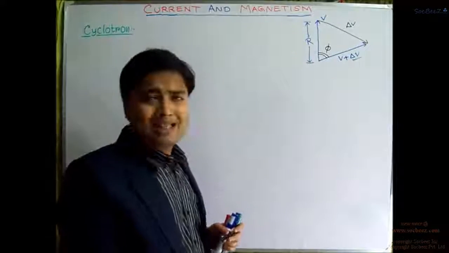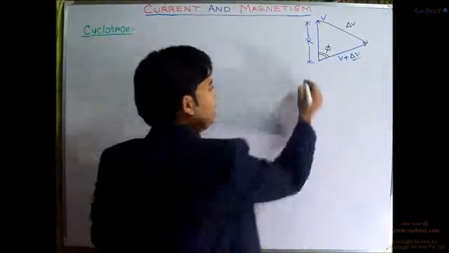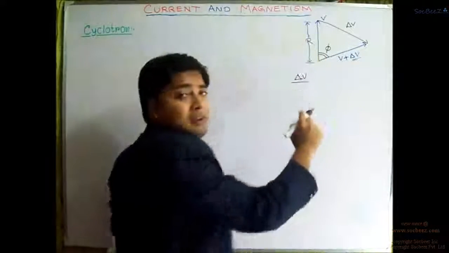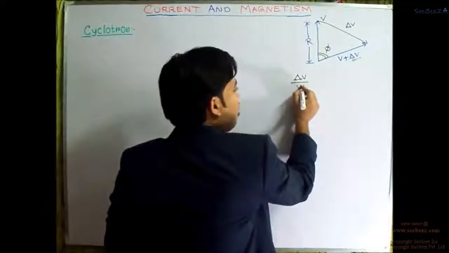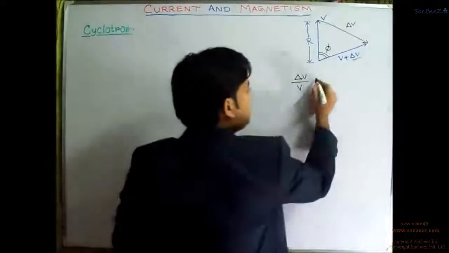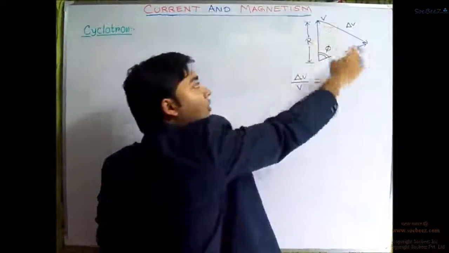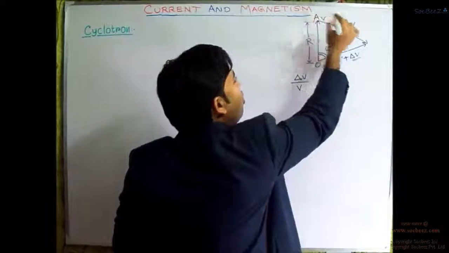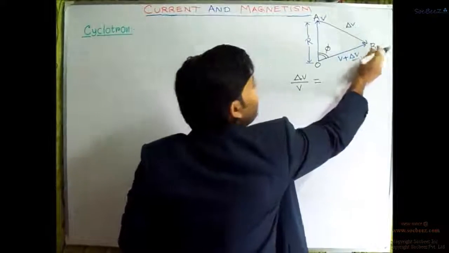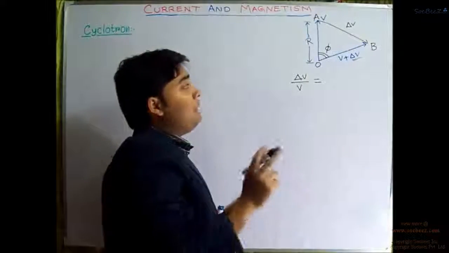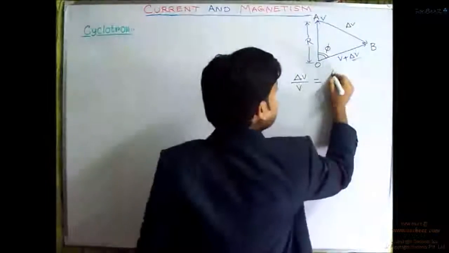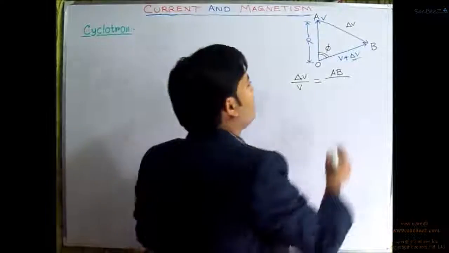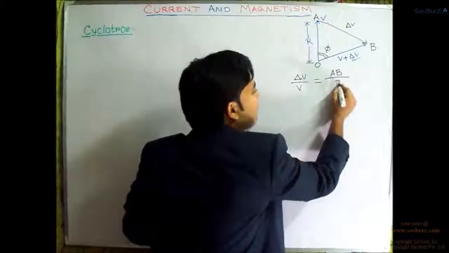In these circumstances, if we wish to write the change of velocity, del V, divided by the original velocity, what is del V over here? If we denote as O, A and B, then obviously del V will be equal to AB, and over here this will be divided by R.